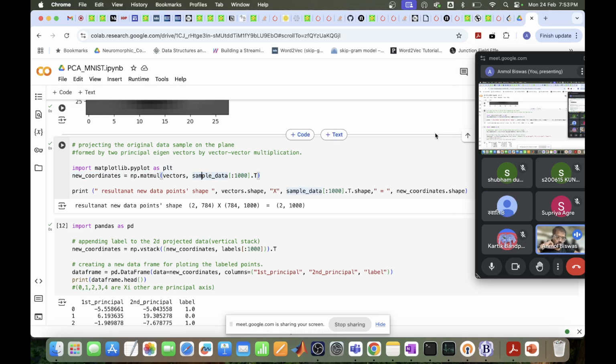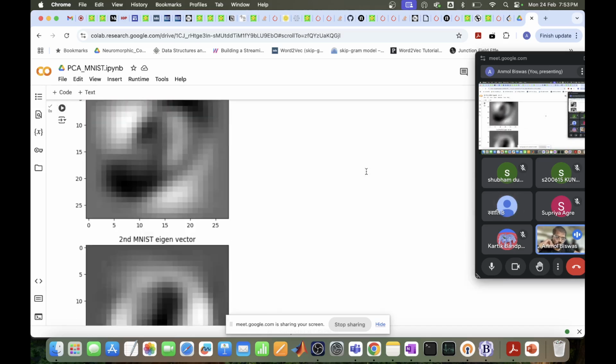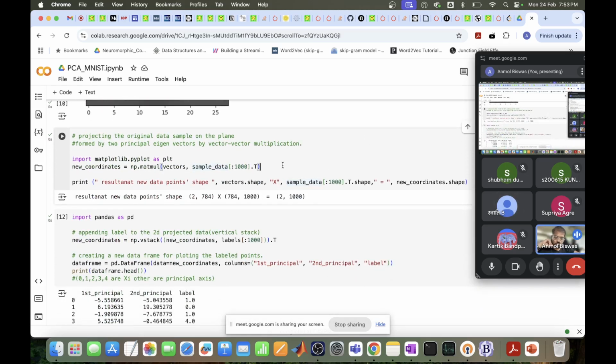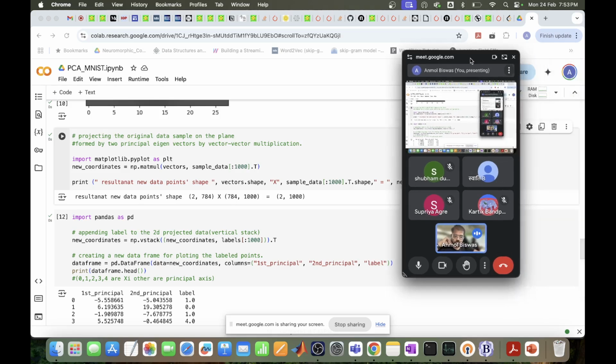Yeah, no, this is not covariance, right? Covariance was earlier when we generated the covariance matrix. This one, like I said, is where we are taking the projection of the samples along the directions of the eigenvectors. That's it. Yeah, you just revise some vector basics. I think that would be helpful. Otherwise, it will be very difficult to understand.